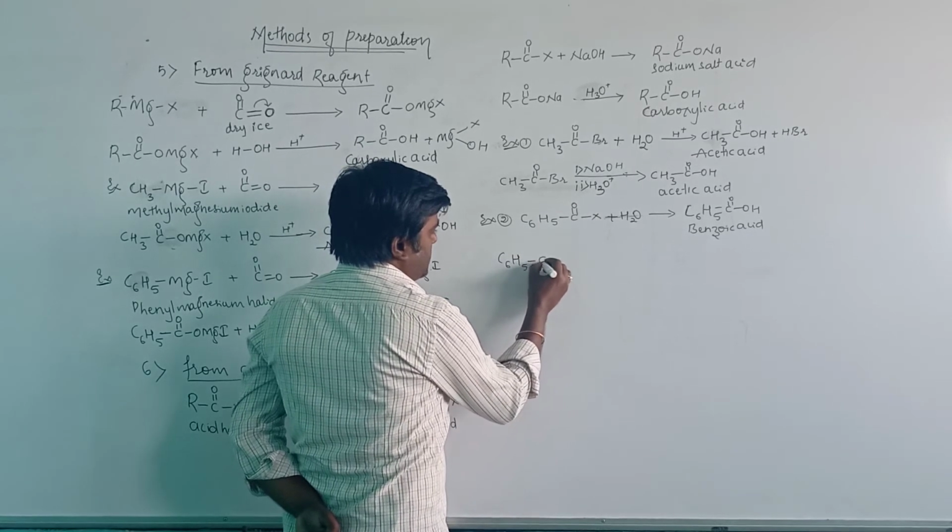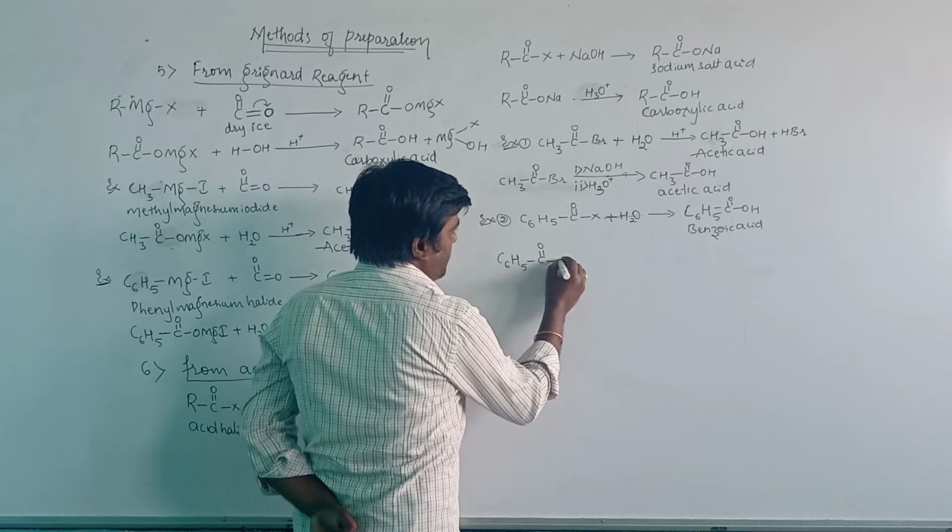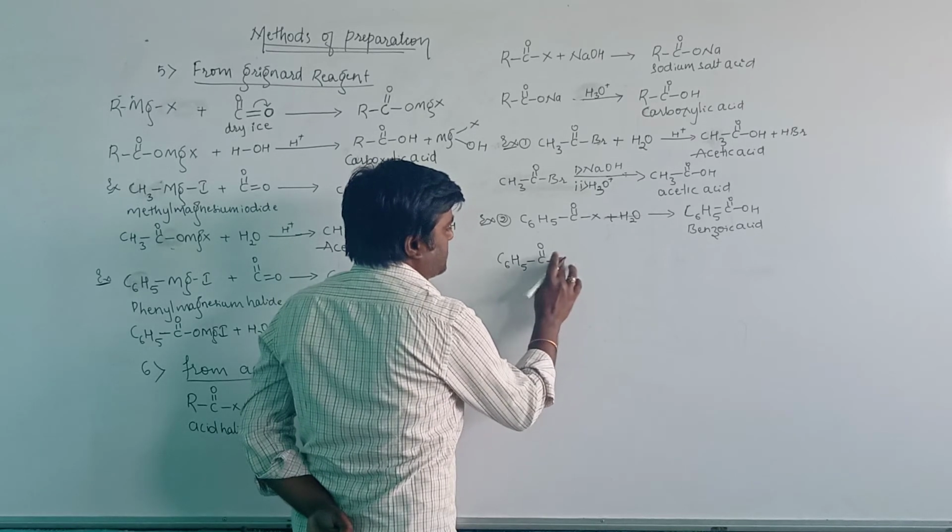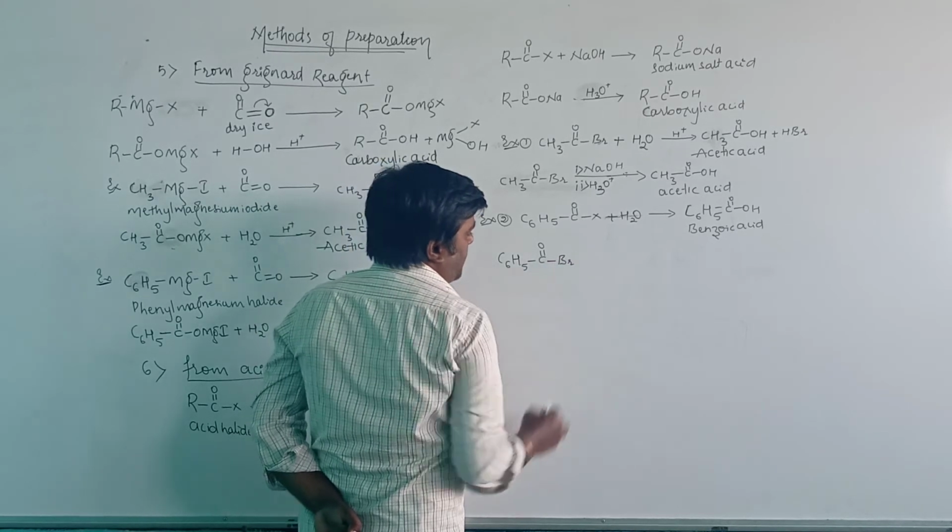C6H5 C double bond O X, in the place of X we can take any halogen.